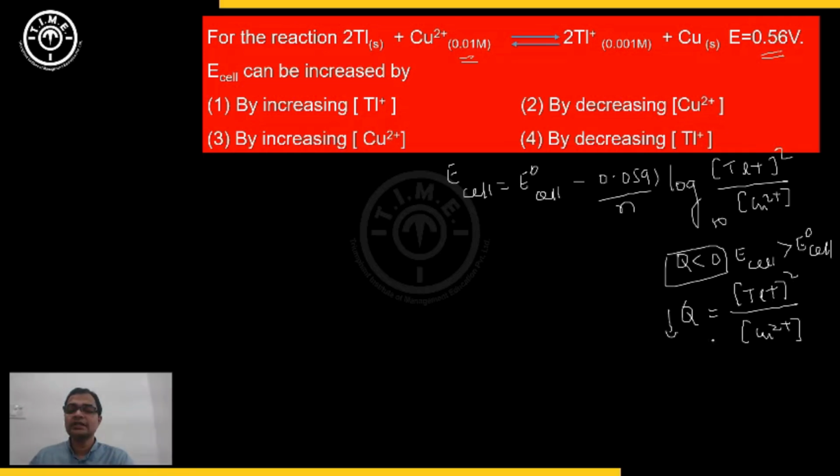Q will decrease when the concentration of Cu2+ ion increases. So in option 3, when the Cu2+ ion concentration increases, the E cell value will increase. So option 3 is the answer.